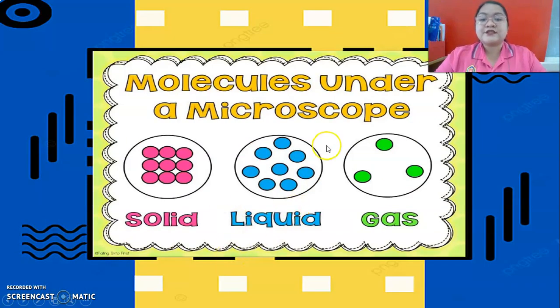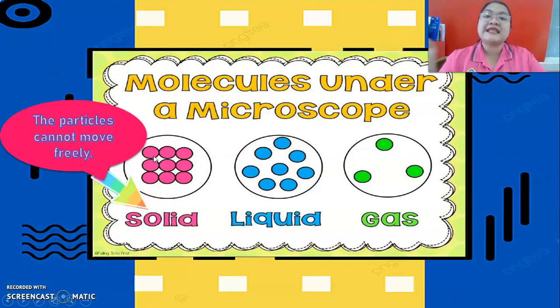Okay, so molecules under a microscope. Again, solid. The molecules of a solid are intact, which means there is no space. Meaning to say, solid particles cannot move. Number 2, liquid.